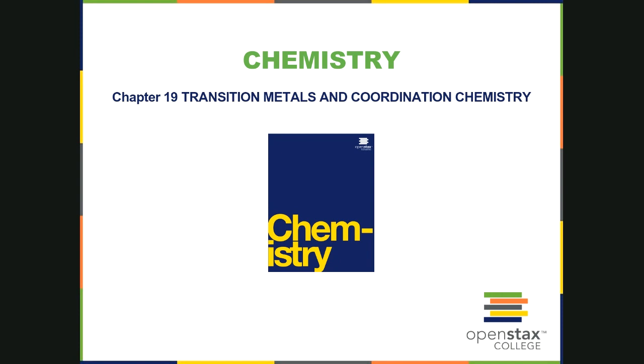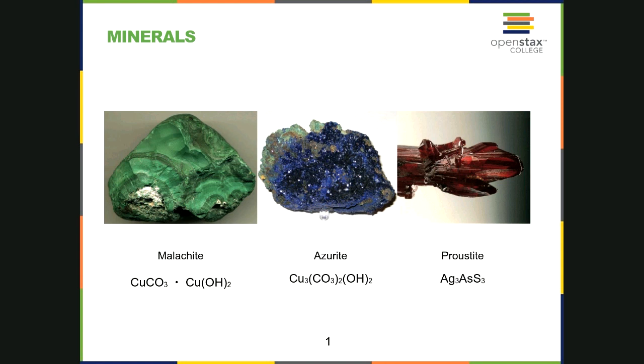And first off, we're going to talk about where transition metals come from, typically, or where they're found, and they would be present in minerals. And some of the minerals are attractive. They could be gemstones.